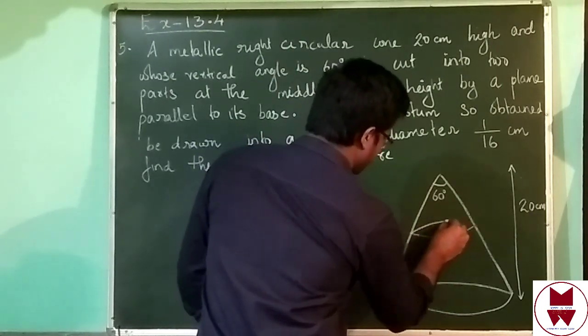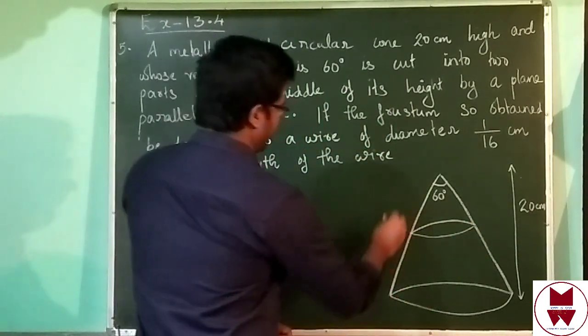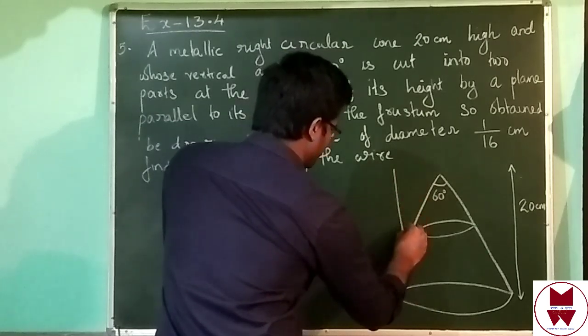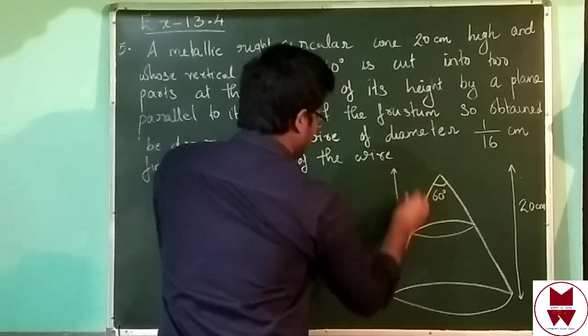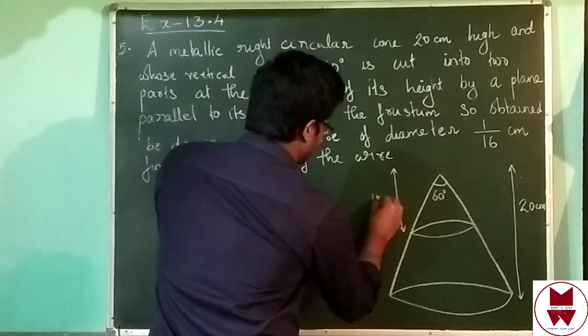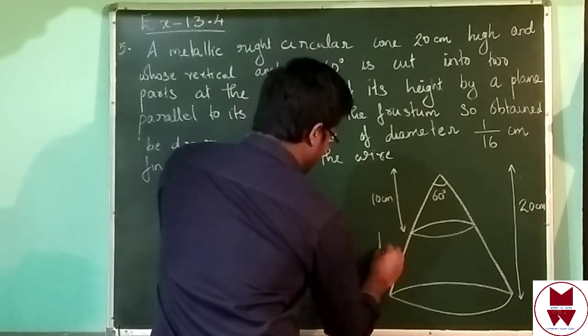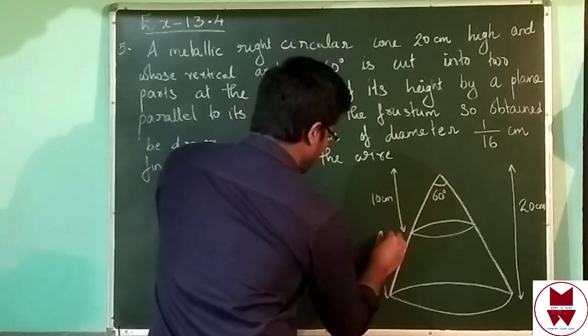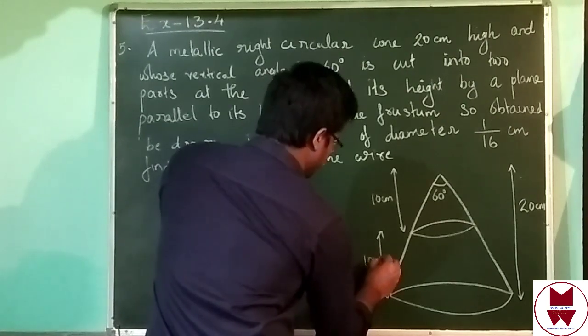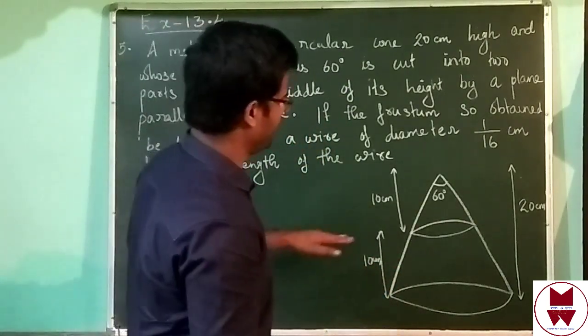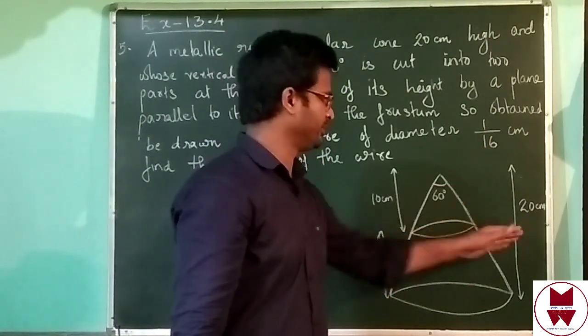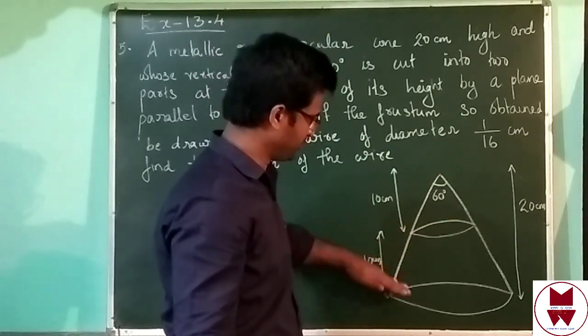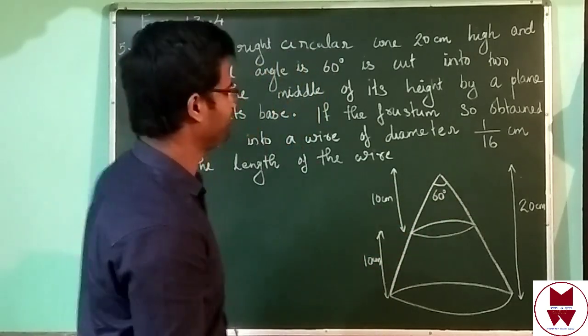Cut from here, at that time the height of the top side cone will be 10 centimeter. Then the height of the bottom part, that is the frustum, is also 10 centimeter because we cut in the exact middle. Total 20 means top side will be 10, then bottom side will be 10 centimeter.